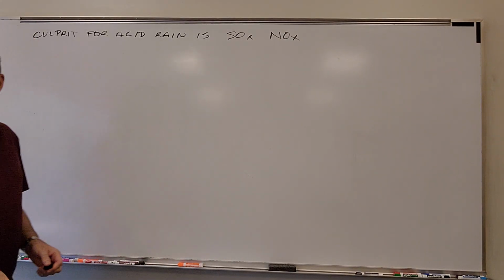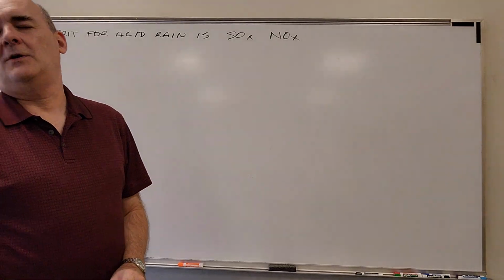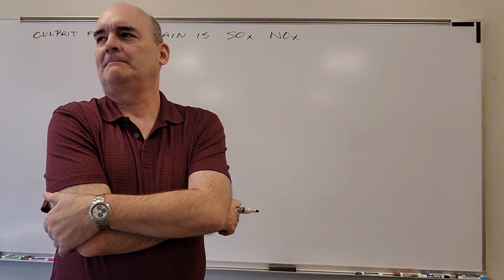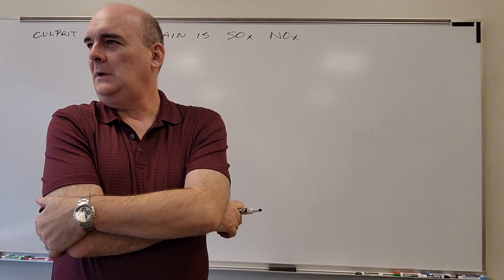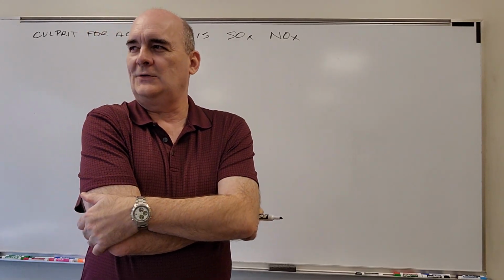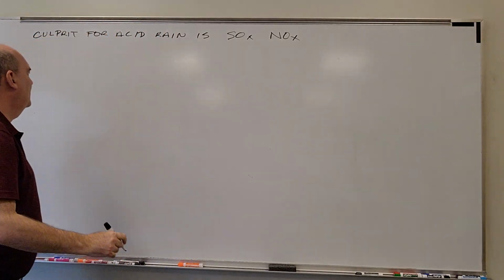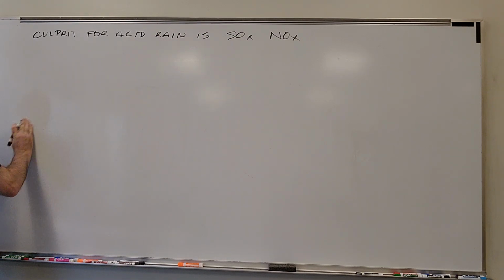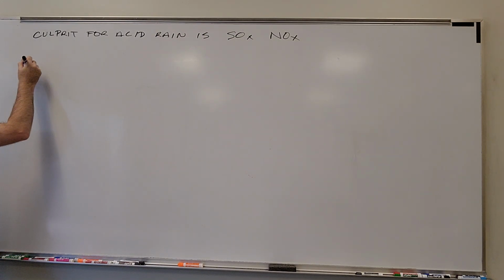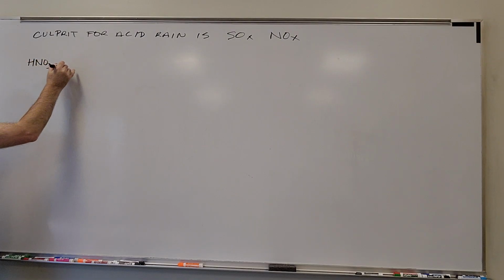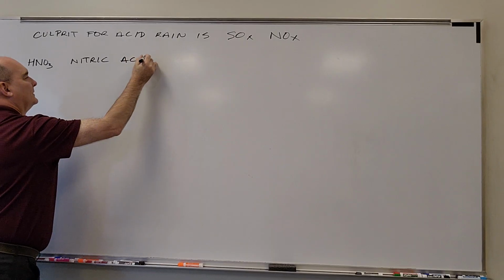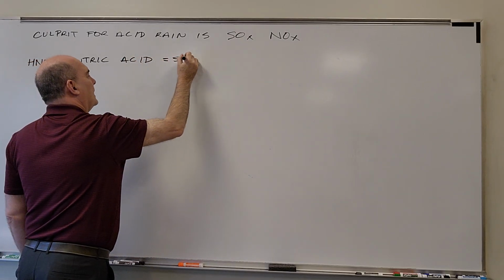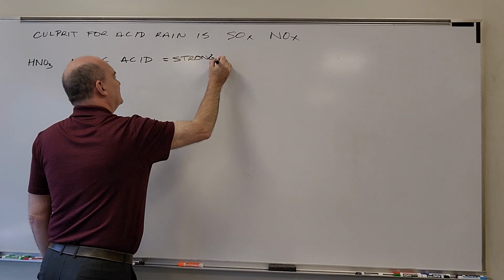Okay, so let's revisit a little bit of general chemistry stuff that we learned early on. We didn't really dwell too much on it, but we learned there are only a handful of really strong acids, and HNO3, which is nitric acid, is a strong acid.